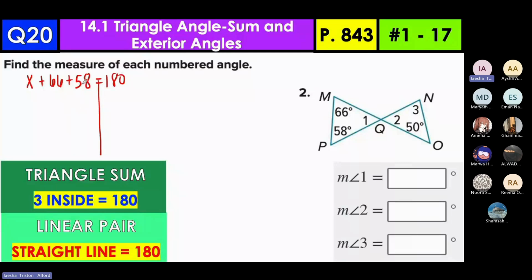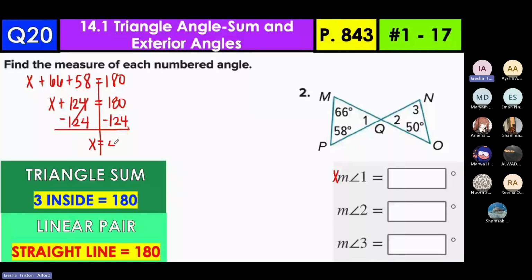So we're going to clean. So x plus 124. It is x, yeah? Yeah, this is the x. Subtract 124 from both sides. 56. This is 0.